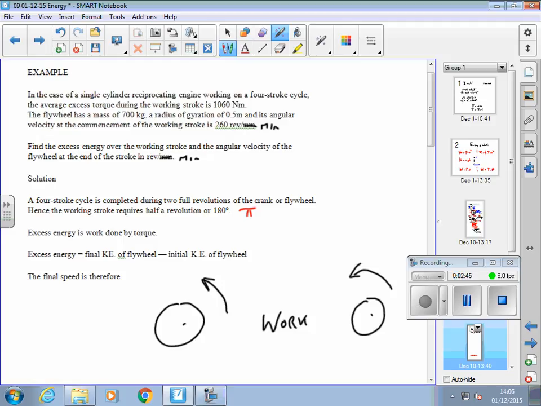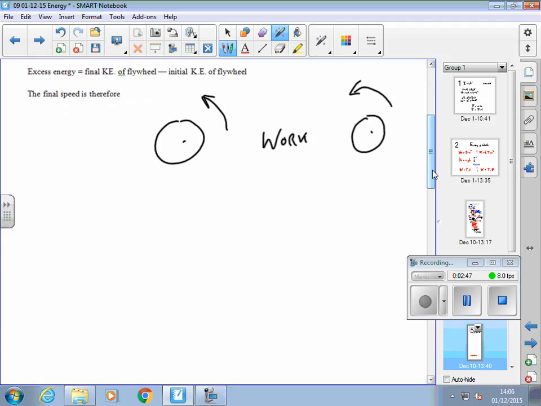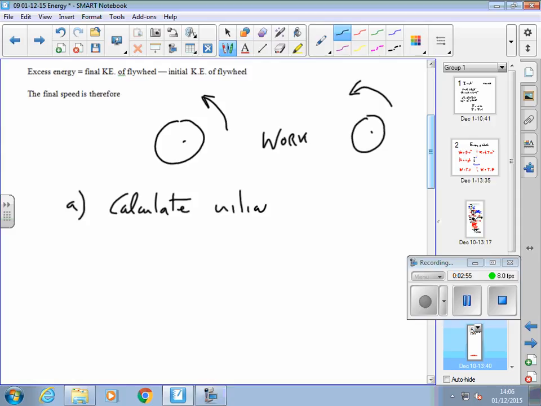So the process is: A, calculate the initial kinetic energy at the start of this working stroke. B, calculate the work done during the working stroke.